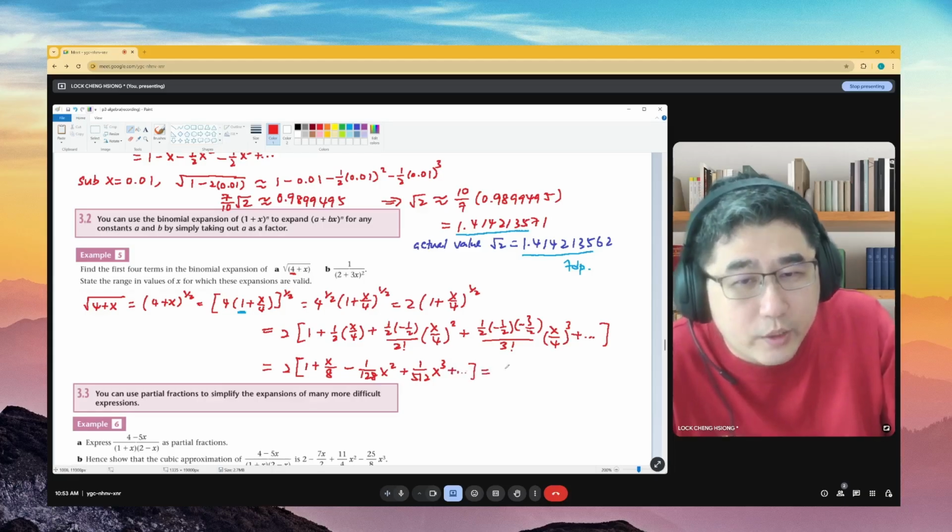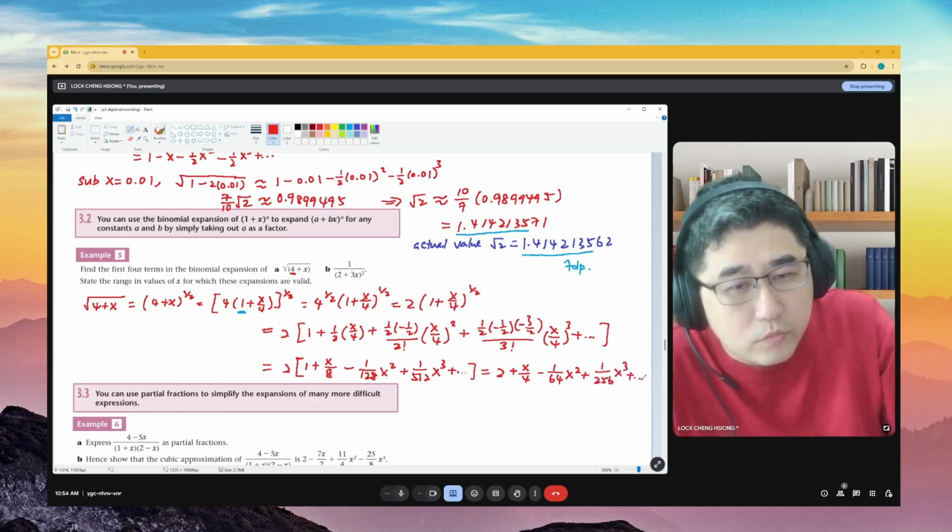Remember to open up the bracket. So you have 2 plus x over 4 minus 1 over 64 x squared plus 1 over 256 x cubed. That will be your answer.